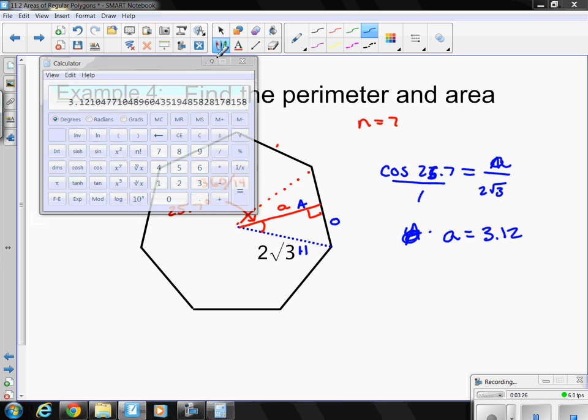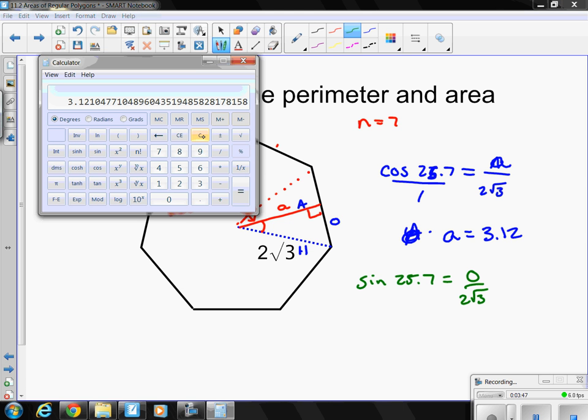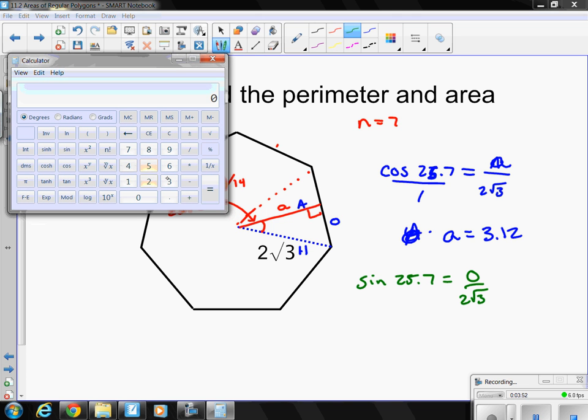Now I still need to find my opposite side. So I'm going to use sine this time. The sine of 25.7 is going to equal opposite over 2 times the square root of 3. So I'm going to come back here, clear this all out. I'm going to quickly do 360 divided by 14 to get that 25.7.